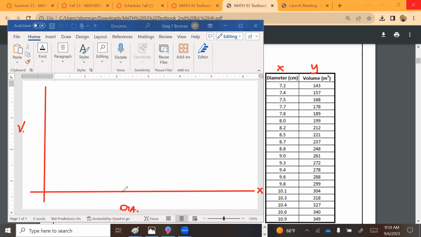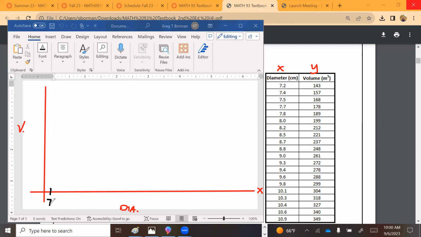Now we need to put some tick marks along the X and Y axes in order to know where we're at. I don't want to do 7.2 on the x-axis and then 7.4 and then 7.5, etc. Instead, these diameter numbers start at 7.2, so let's go close to that but a little lower. How about 7?